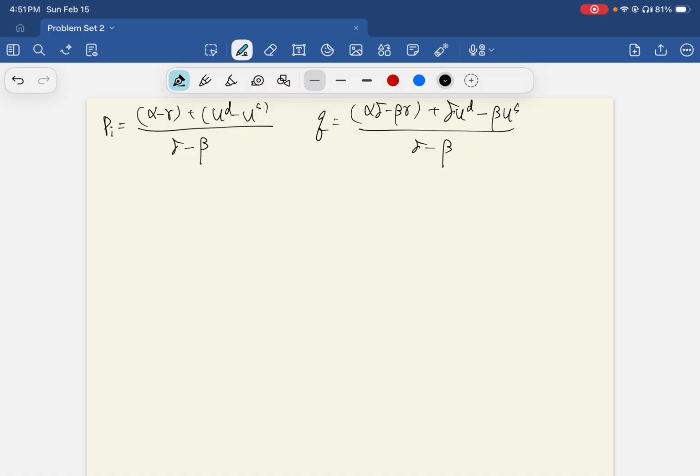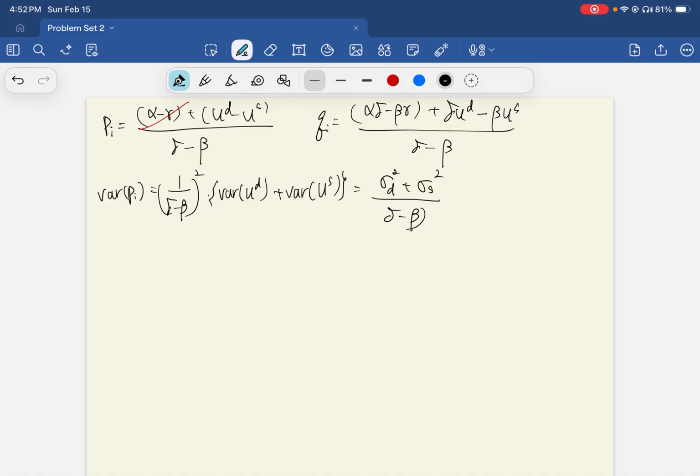Then first, the variance of P_i. This is a constant, which doesn't affect variance, so we ignore that. And you will get 1 over delta minus beta squared times the variance of U_D plus the variance of U_S plus minus 2 times the covariance, which is 0. So we will stop here. It is sigma_d squared plus sigma_s squared divided by delta minus beta squared. That is the variance of P.